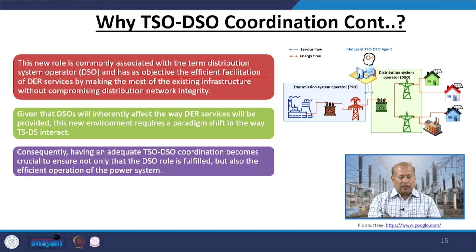Given that the DSO will inherently affect the new way DR services will be provided, the new environment requires a paradigm shift in the way the transmission system and the distribution system interact. Consequently, having adequate TSO-DSO coordination becomes crucial to ensure not only that the DSO role is fulfilled, but also the efficient operation of the power system as a whole, as I introduced at the beginning of the lecture today.